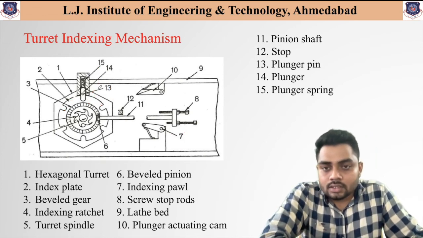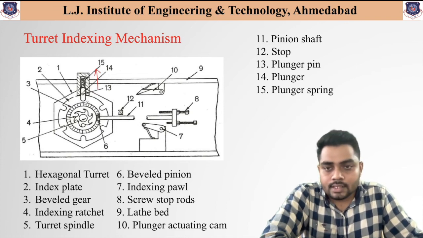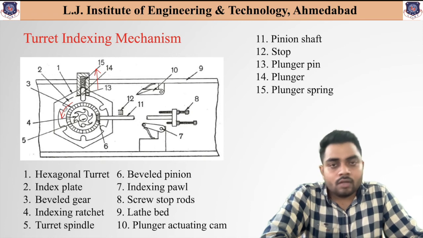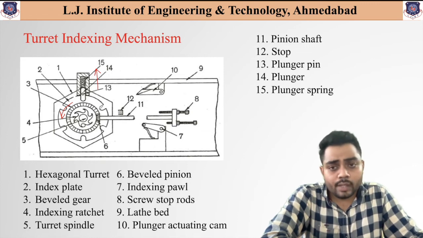First, when this plunger moves in the upward direction, with the help of this turret spindle and this ratchet and pole mechanism, it starts rotating. How much it rotates is controlled by this ratchet and pole system. When it rotates, it moves in the forward direction.